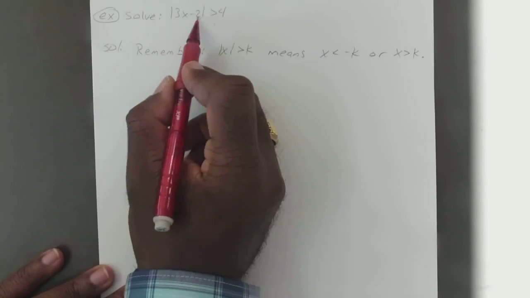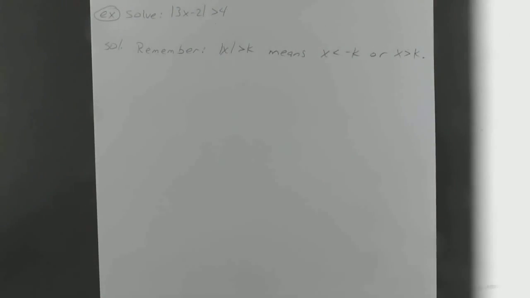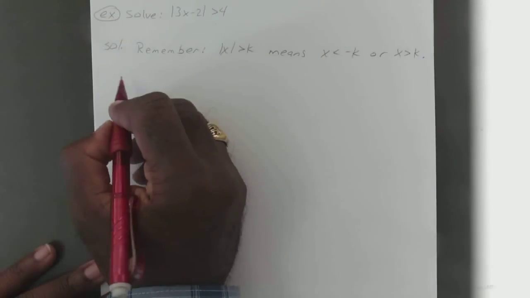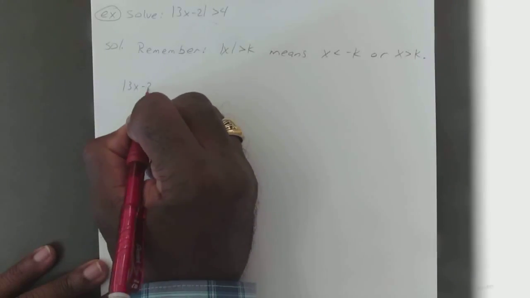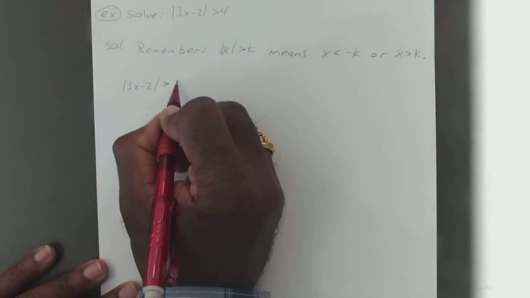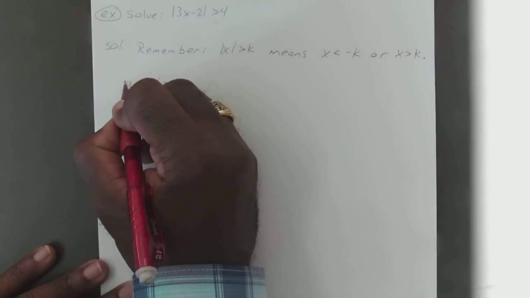We don't have anything other than the absolute value on that side, so we don't have to add or subtract anything. This just means the absolute value of 3x minus 2 is greater than 4.